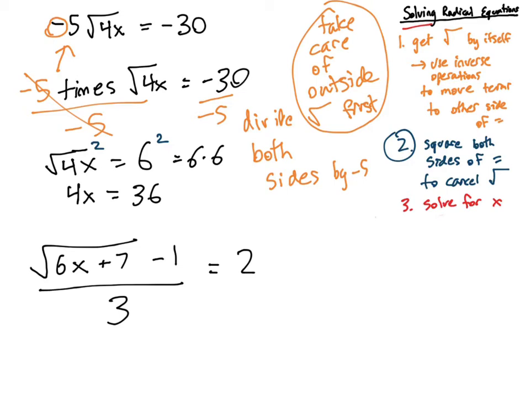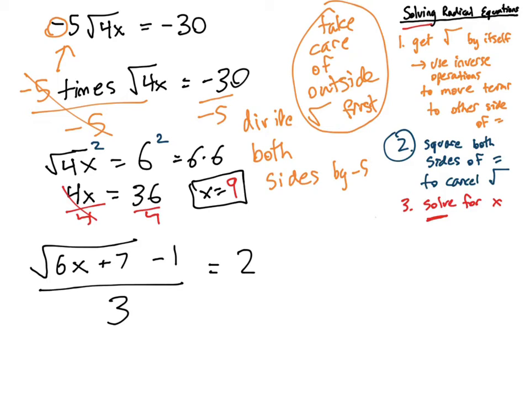Now that there's no more radical in this equation, we can get our variable by itself and solve for x. And once again, we have a coefficient. This 4 times x means we need to divide both sides by 4 to cause that to cancel out. So we have x by itself is equal to 36 divided by 4, which gives us 9.